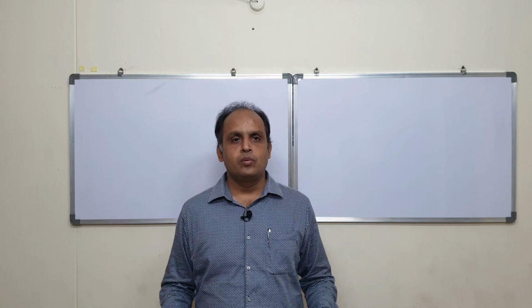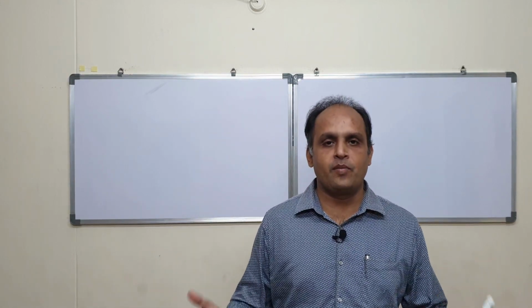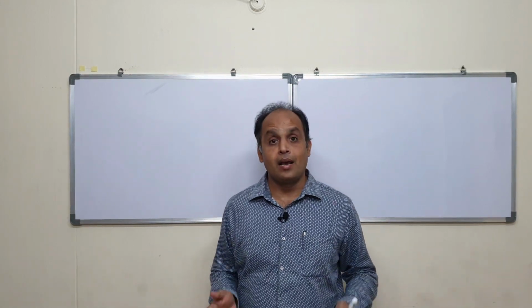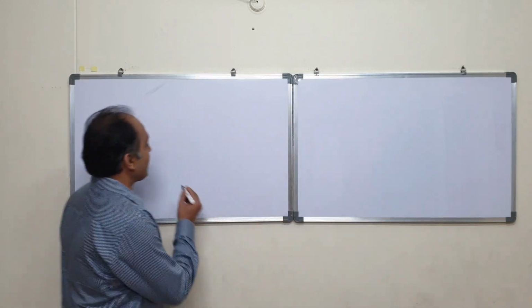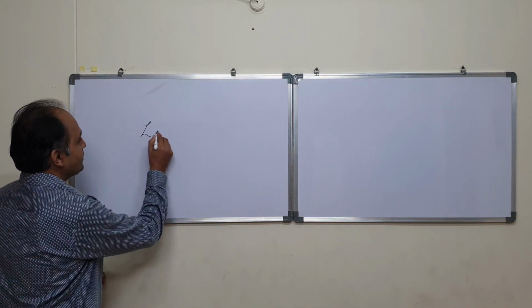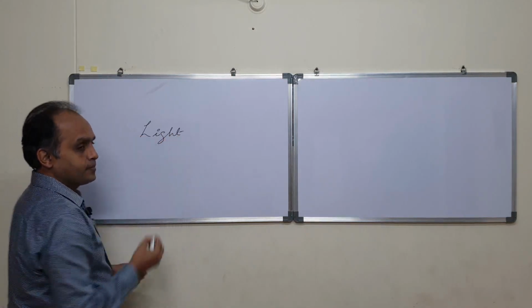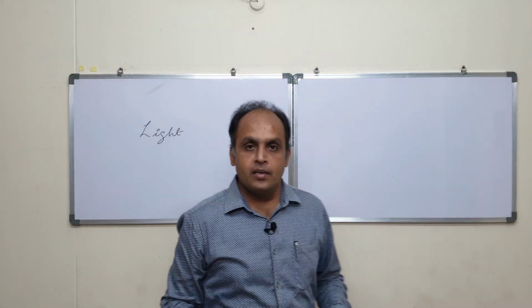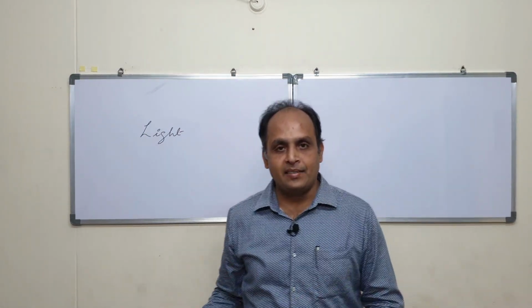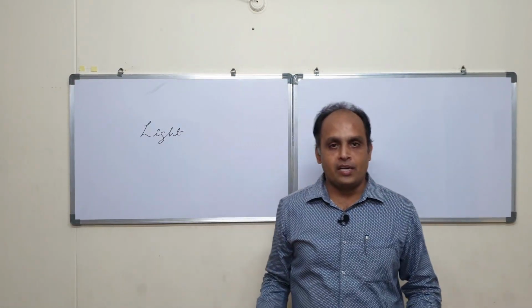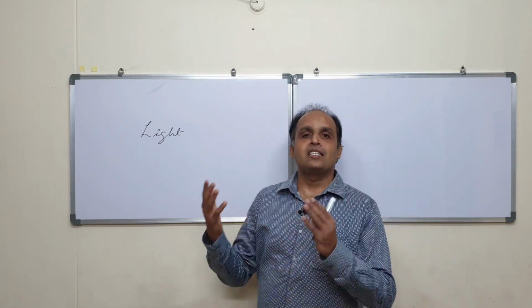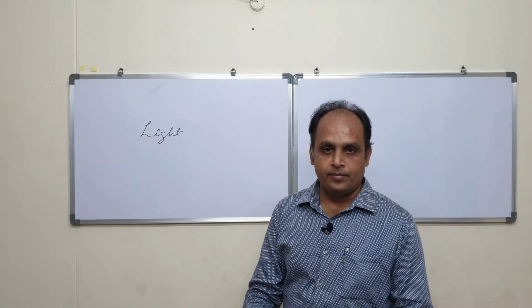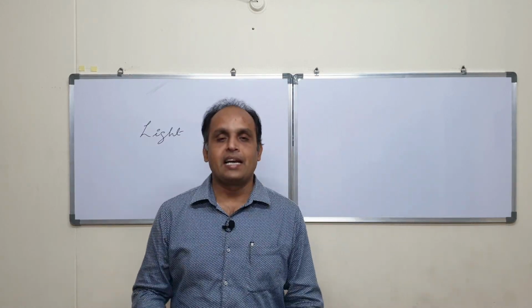So we all must be very familiar with the word light. Let us first try to understand what is light. As I said, we the people and the living organisms on earth depend on the sun for energy, that is light and even heat.